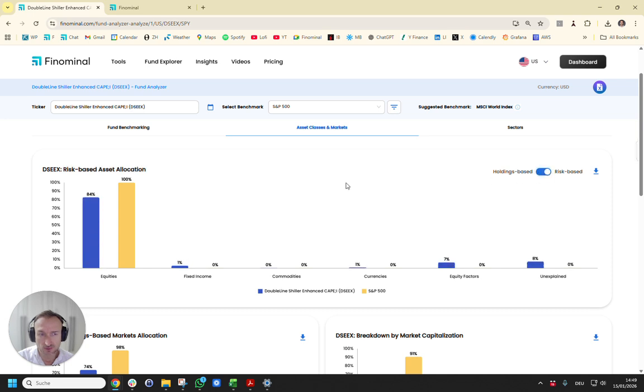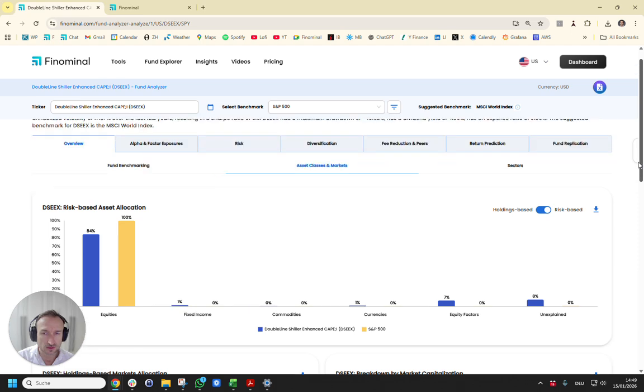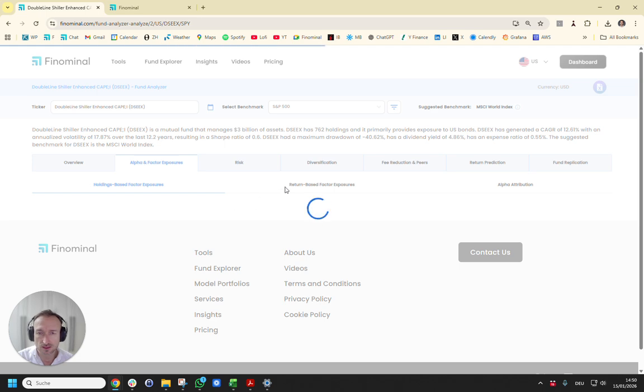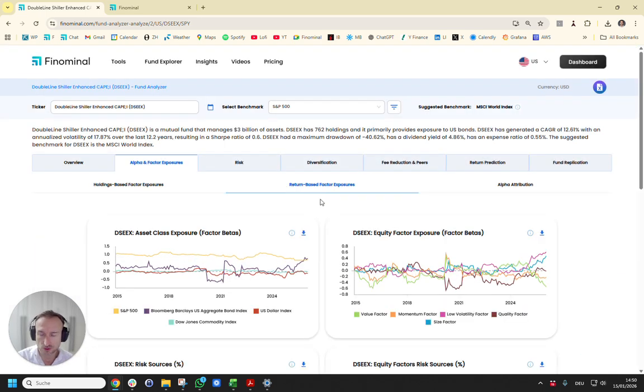Having said that, if we switch to a risk-based allocation by using returns, then effectively we can see that almost all of the risk can be attributed to equities and not to fixed income. So that's kind of interesting. We can continue to dig a little bit more into that by doing a returns-based factor exposure analysis. Again, over here, we do see this consistent beta of close to 1 to the S&P 500, while seeing almost no exposure to an investment grade bond index.